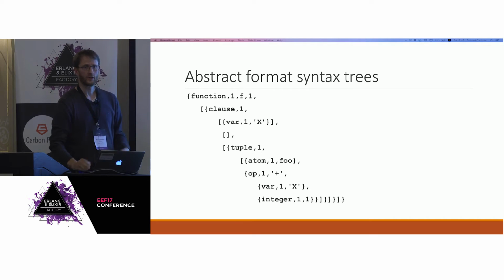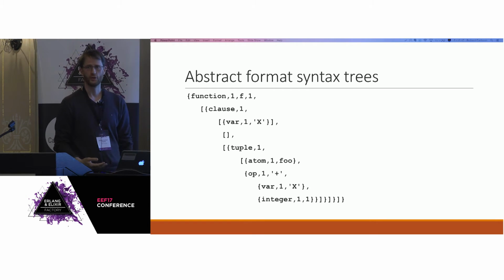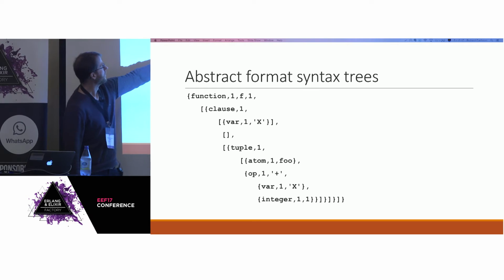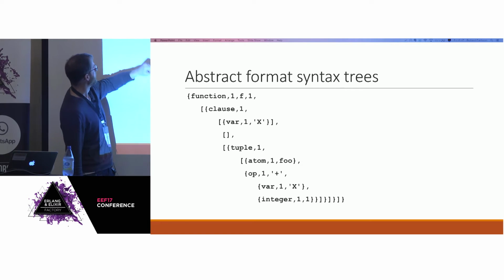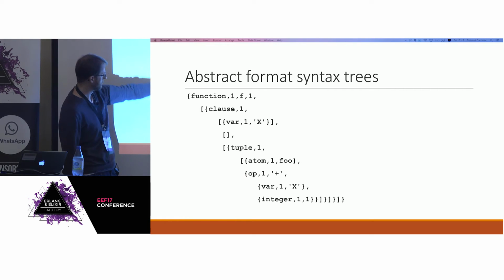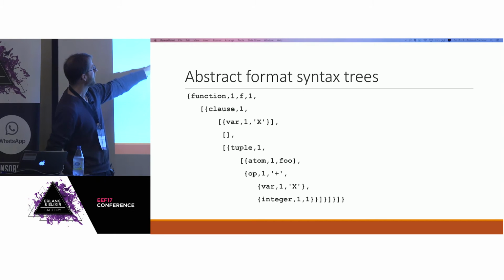So it looks something like this. Here's a representation of a function that's been parsed. So say that, okay, you have the function f at line 1. It takes one argument. It has a bunch of clauses. Actually, it just has one clause at line 1. I think I've put the line 1 everywhere here for simplicity.